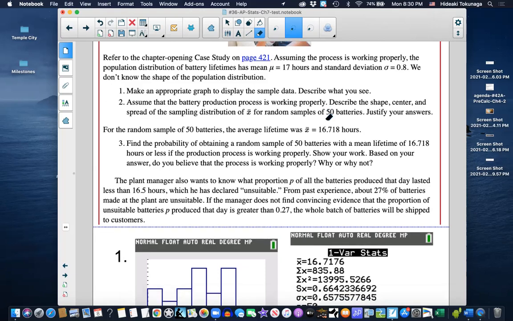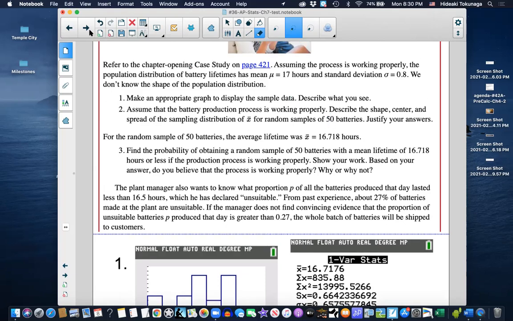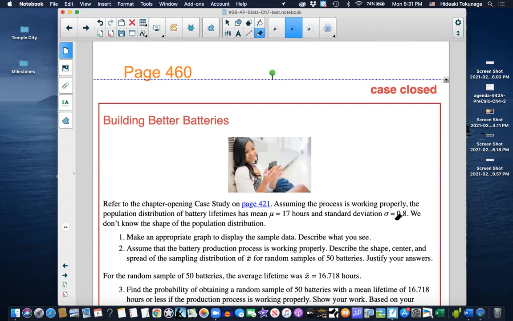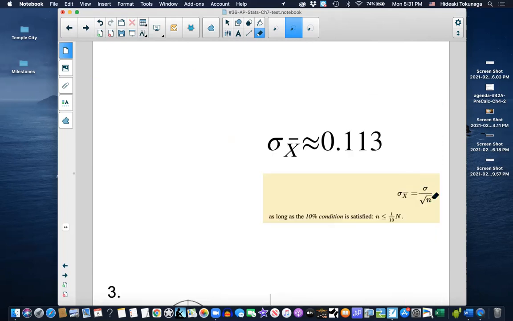So now you run this equation, okay? Sigma of X bar equals sigma divided by square root of n. Sigma was given at the beginning, which is 0.8, divided by square root of 50.